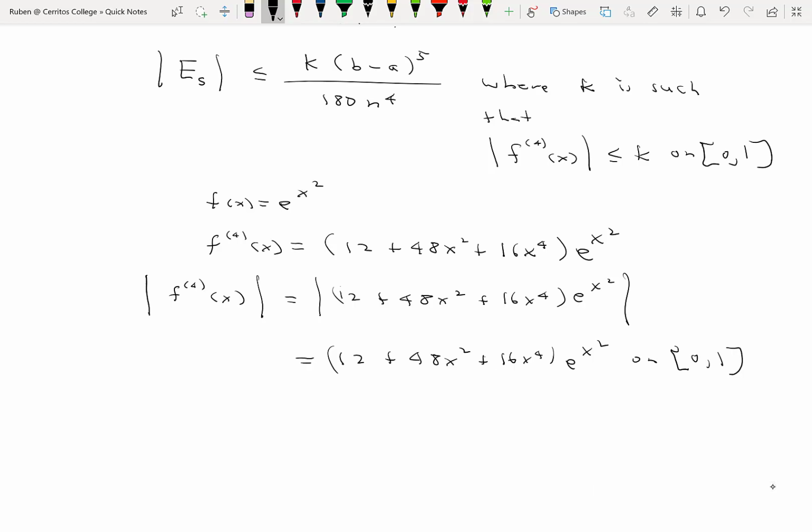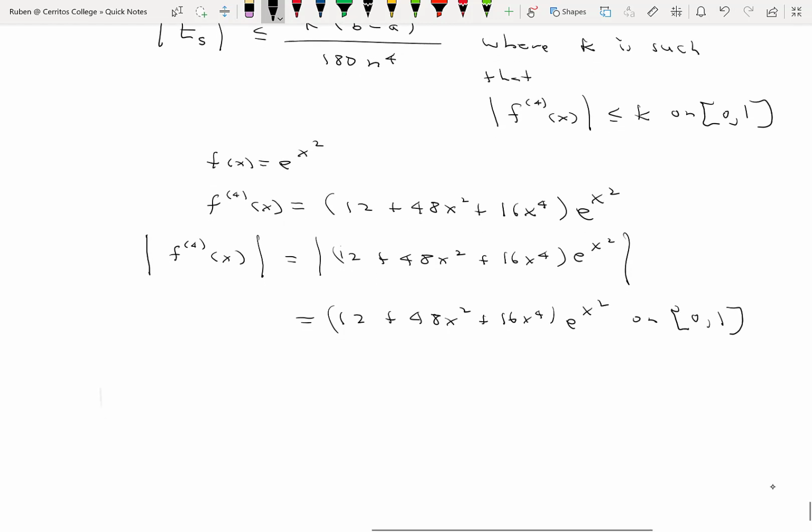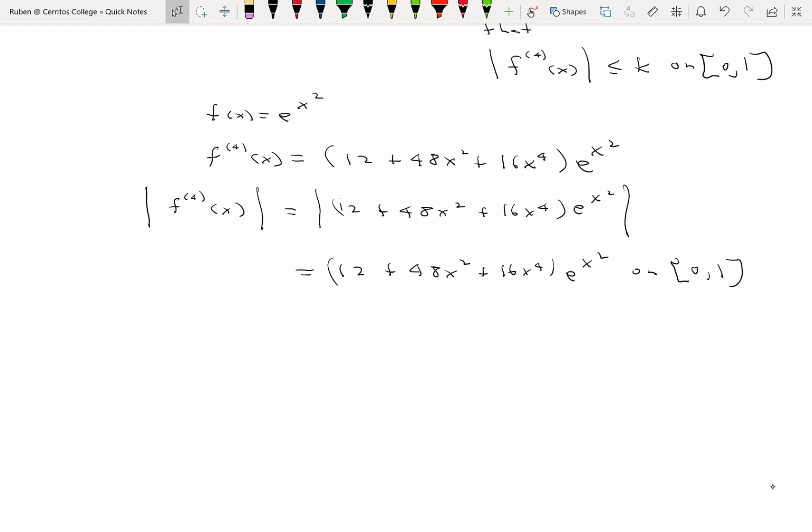So now let's find k. For this problem, graphing the right-hand side is not a good idea. The graph of the right-hand side is very complicated. However, let's notice a couple of things about this function.